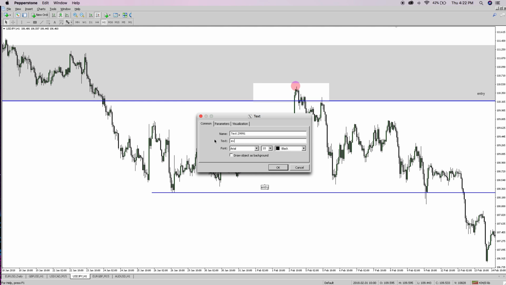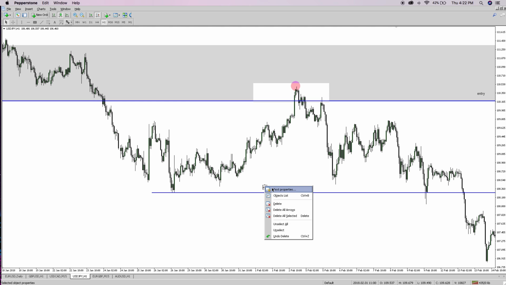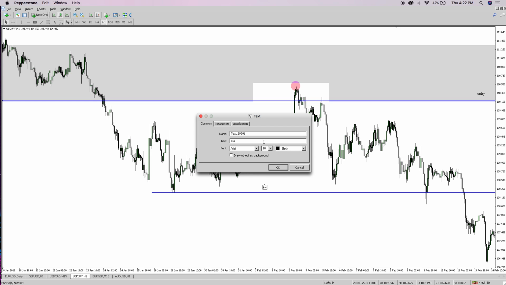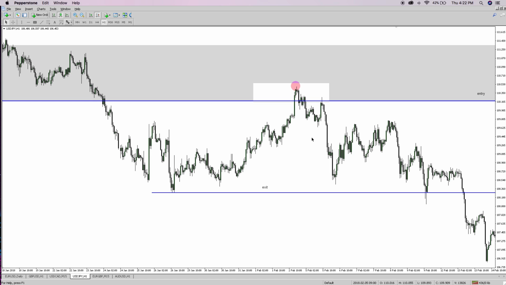So we're just going to mark it out here so you guys can see it better. All right. So here we got a high, low, lower high right here.